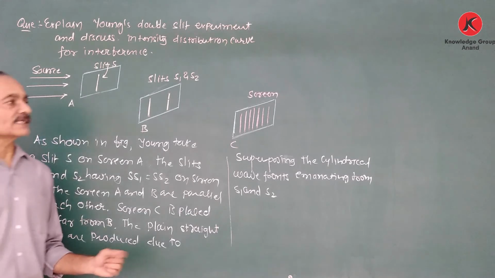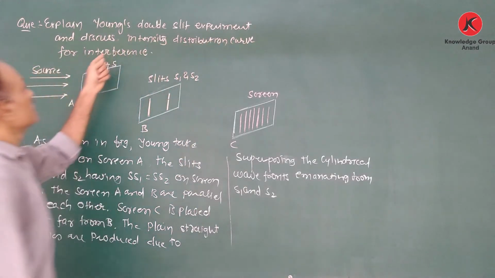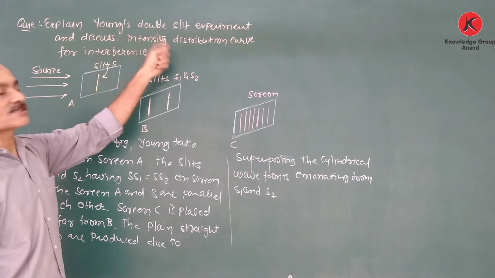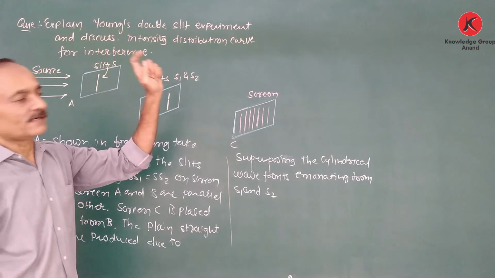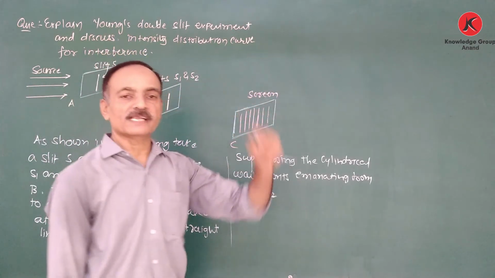Now the intensity distribution curve of the interference pattern of Young's double slit experiment is shown in the figure.